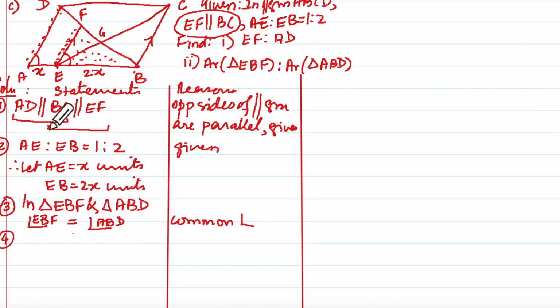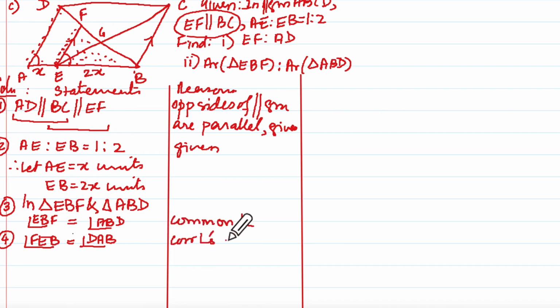Statement number 4, I will write this is equal to this. So angle FEB is equal to angle DAB. What type of angles are these two?